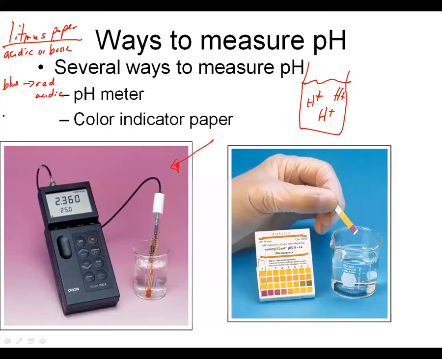If you have red litmus paper and it goes to blue, it means it's basic. So again, not going to give you a pH value or anything like that, but very commonly used with acids and bases is litmus paper, just to determine whether or not the solution overall is acidic or basic.